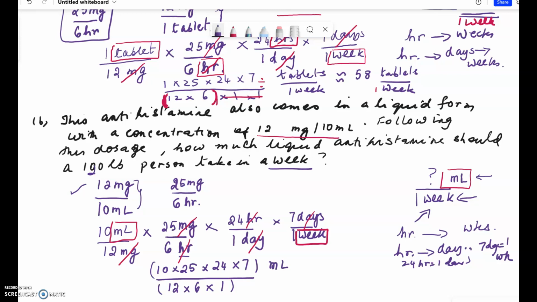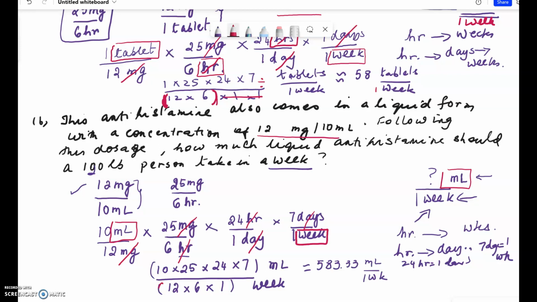Liquid is measured in milliliters, volume of liquid, and the measurement of time is in weeks in the denominator. So simplifying, we get 583.33 milliliters per week.